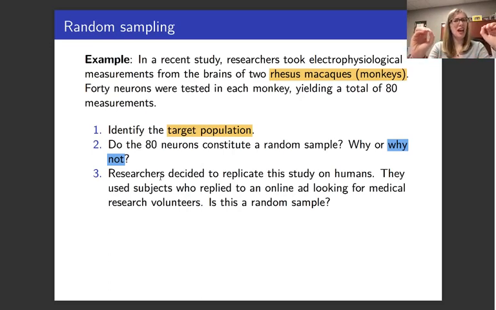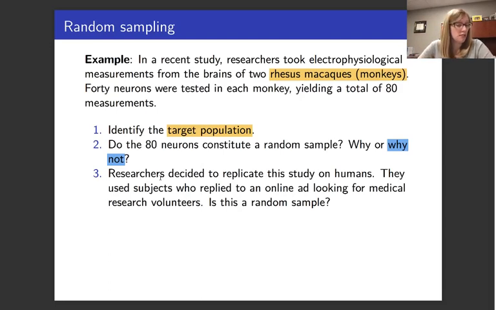So we really only have 2 subjects that we're studying here. So we don't have a random sample of 80 neurons. We have 80 neurons that happen to be chosen from 2 monkeys who were probably available for research at the time and therefore not selected randomly.